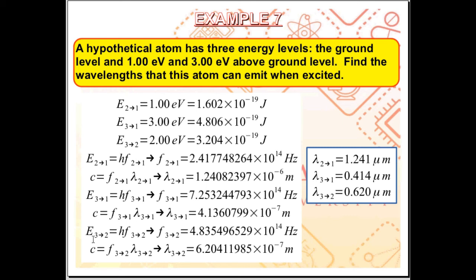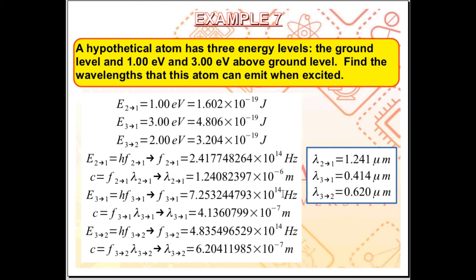And then for the E3 to 2 transition, you have f3 to 2 frequency, 4.835496529 times 10 to the 14 power hertz.